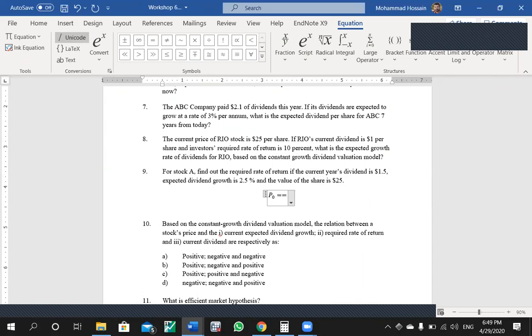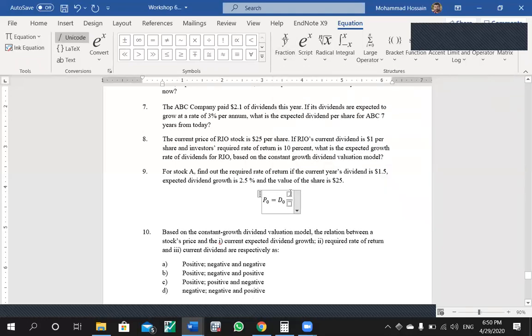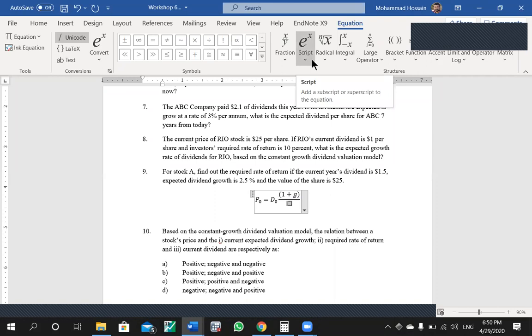Price P0 is equal to D0 times (1 plus g), divided by (Rs minus g), with the bracket.